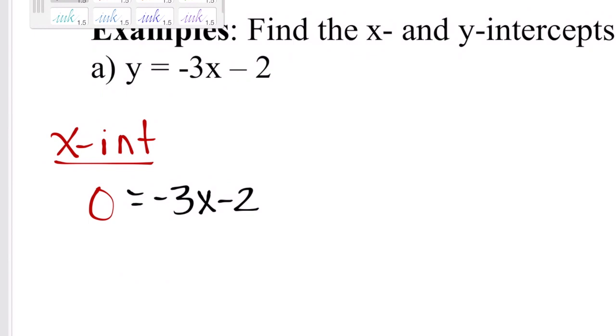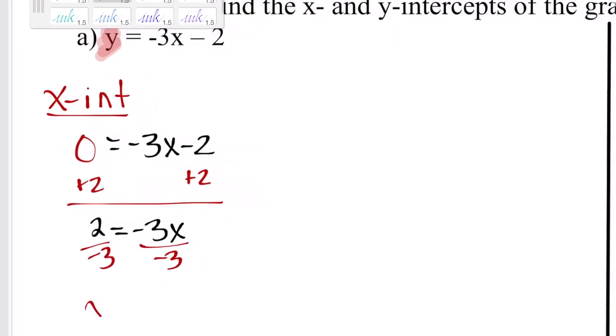So I'm plugging it into the y that they gave me here. And now I'm just going to solve for my x, get the x by itself. And then lastly, I'm going to put it in point form. So my x was 2, negative 3, and that was when I plugged in 0 for y. So we know exactly where we're crossing the x-axis.